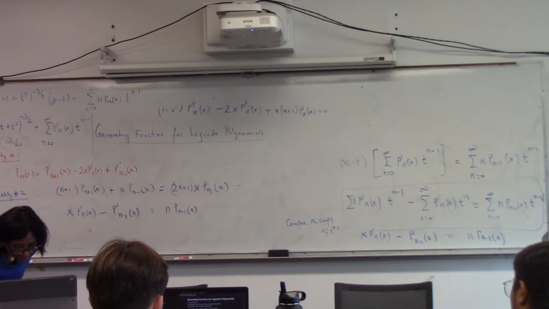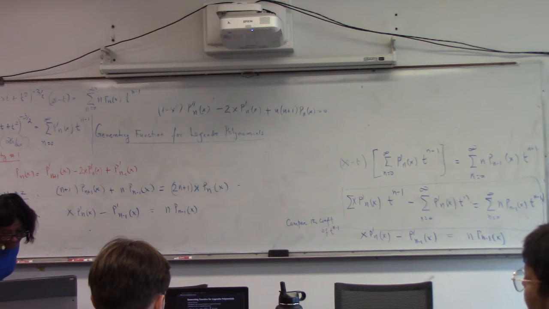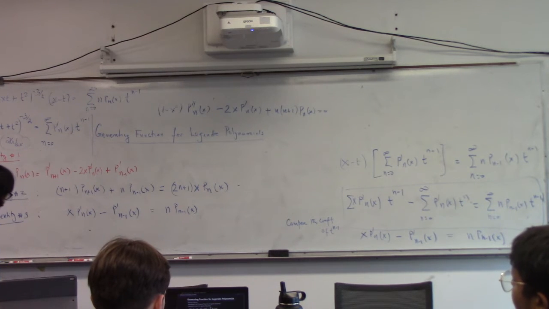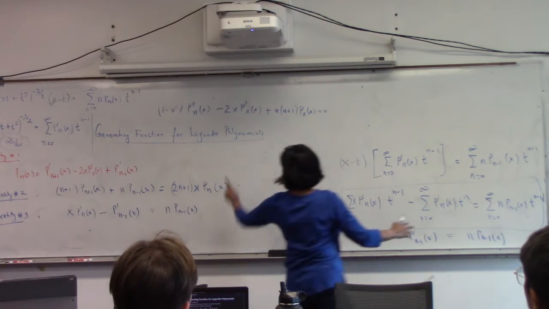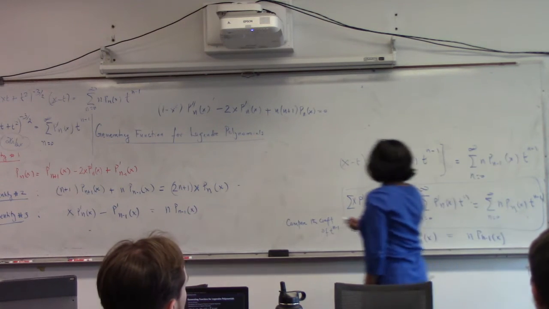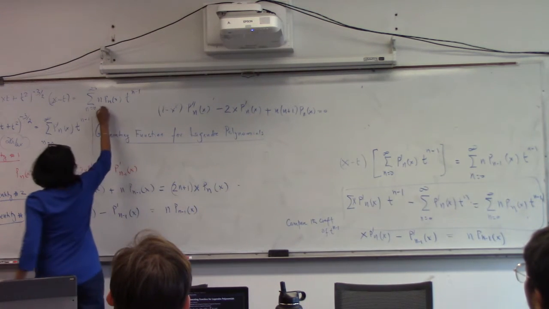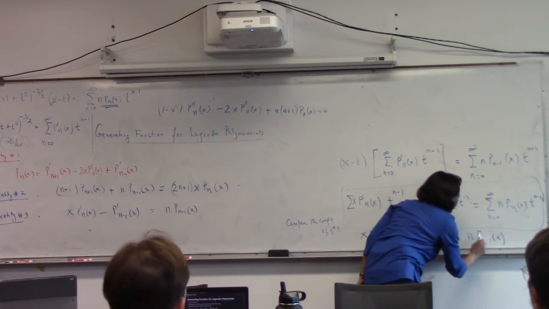What did I miss? x P prime minus P prime. Oh, it is n P n(x). I copied it here incorrectly. It is n P n(x). Okay.